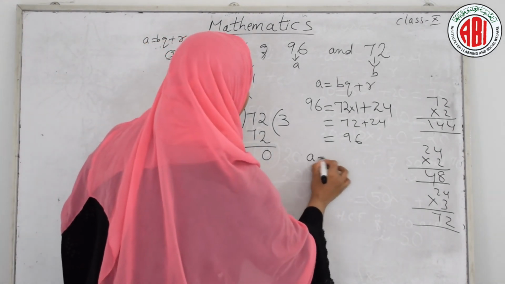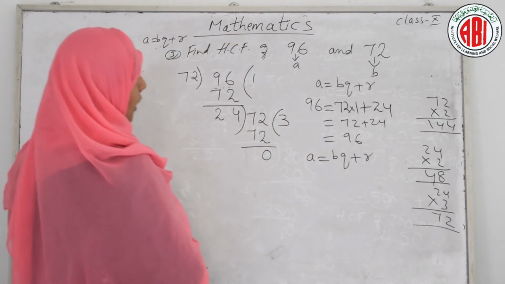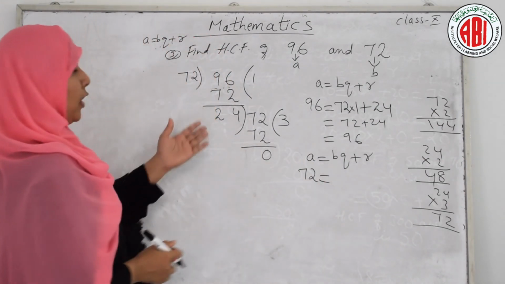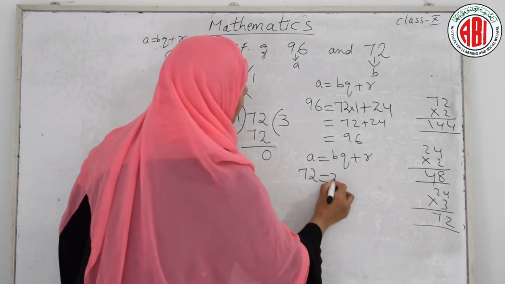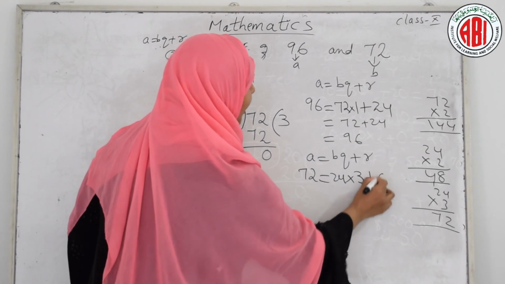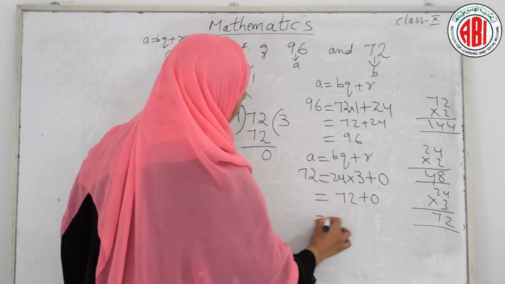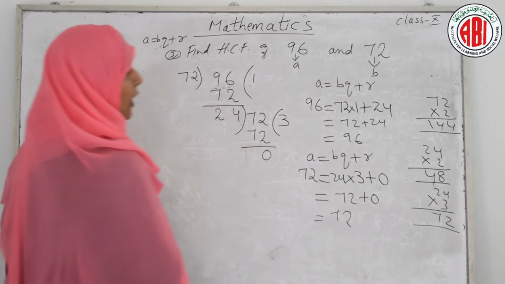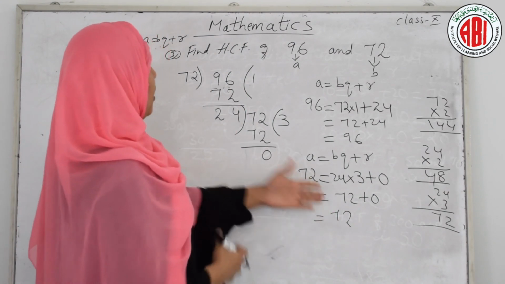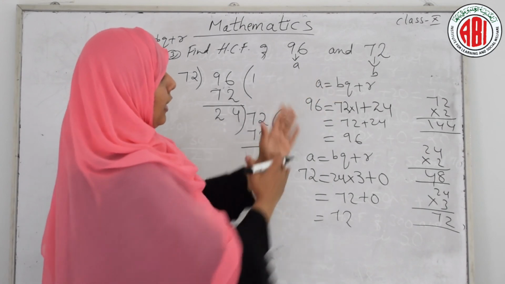This is the next step. That is A equals B Q plus R. A is 72. B is 24, into Q. Quotient is 3, plus remainder is 0. 24 3s are 72 plus 0, that is 72. So we are getting answer 72. That means we are getting the equal answer. Actually we are just applying Euclid's division lemma and proving it.